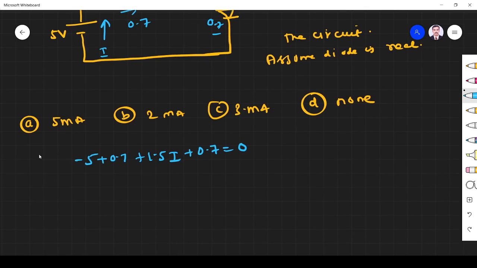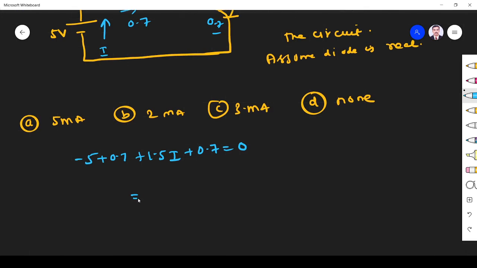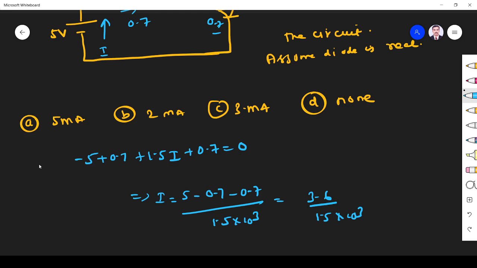So what happens? This indicates I is equal to 5 minus 0.7 minus 0.7 divided by 1.5 kilo ohm. So it is 5 minus 1.4 is 3.6, divided by 1.5 kilo ohm.